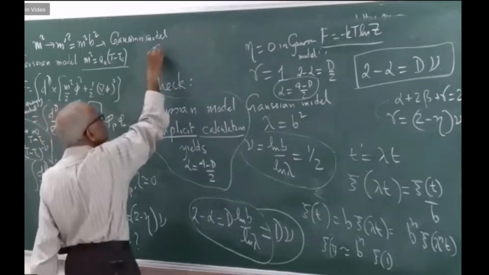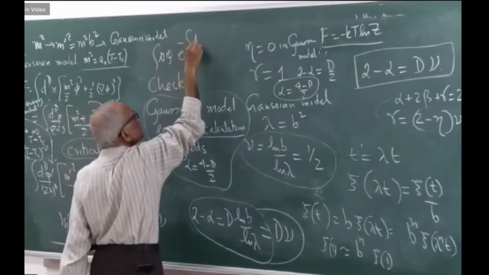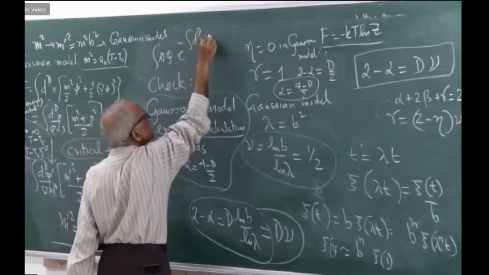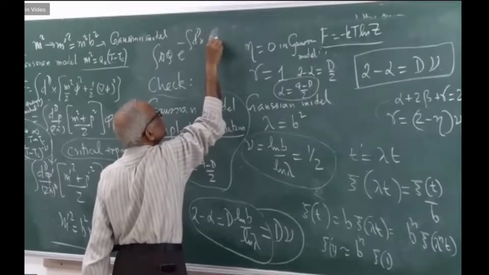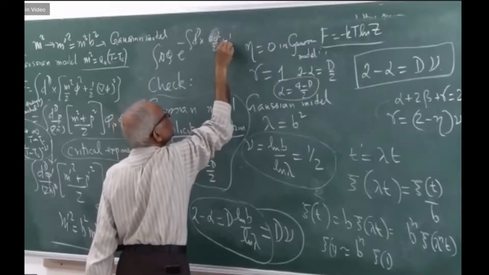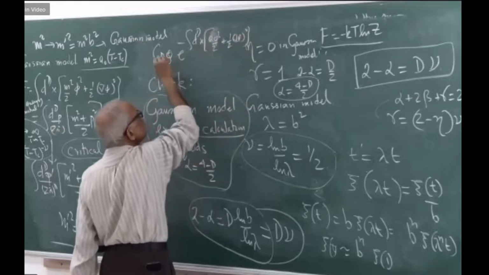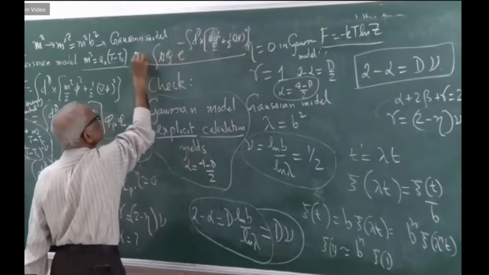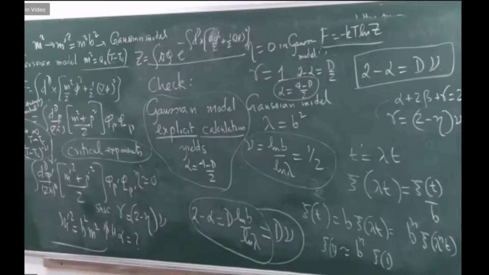We actually worked out the integral of d phi e to the power minus integral d^d x of m square a phi square by 2 plus half grad phi square. This is the partition function, and we worked it out in order to get all the answers. So that integral had to be done.